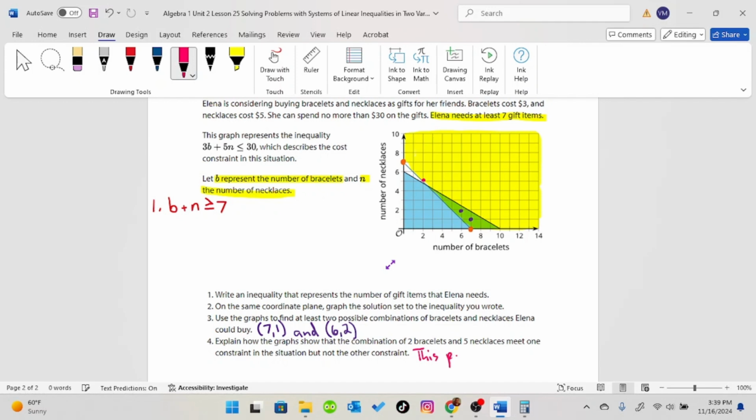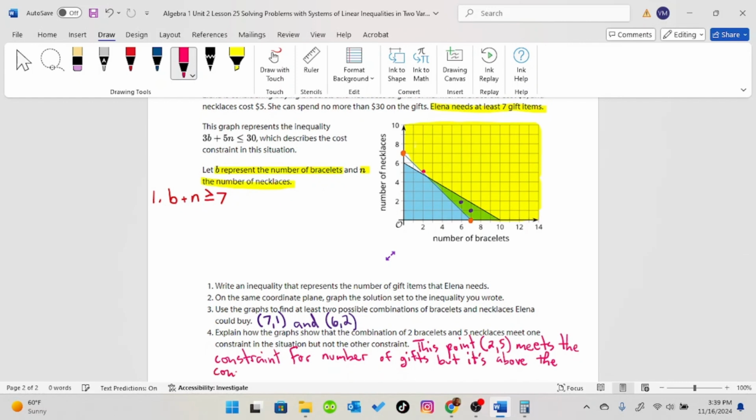This point, 2, 5, meets the constraint for number of gifts, but it's above the constraints for budget.